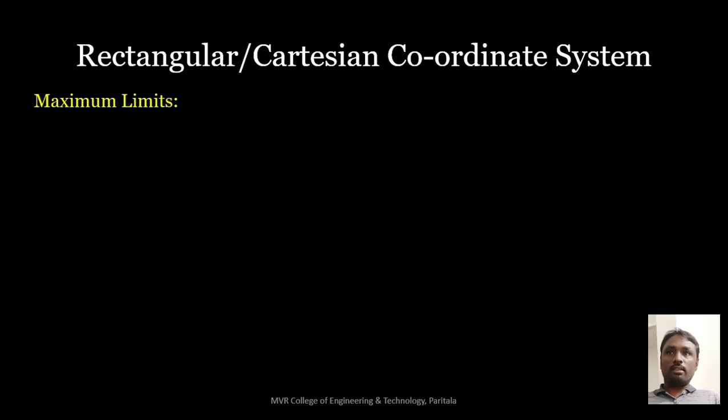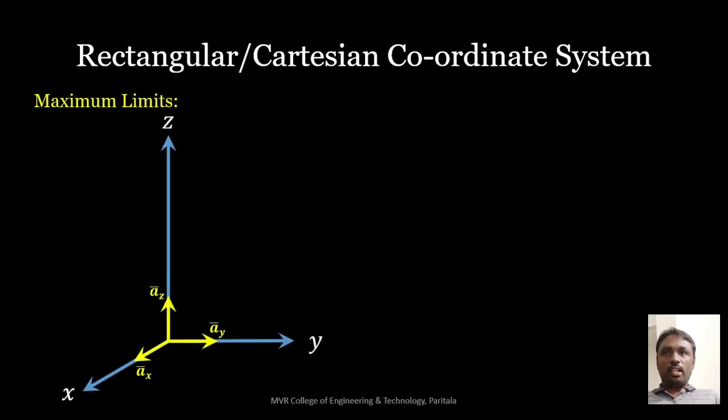The next one is maximum limit. Let's take this rectangular coordinate system again, and I need only the positive values. By varying x, y and z, if I need to occupy the universe, what will be the x value, y value and z value?